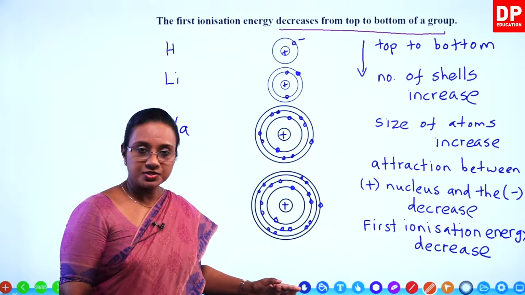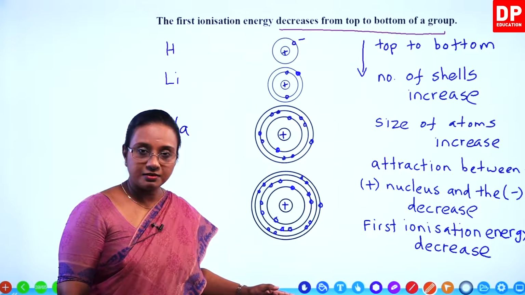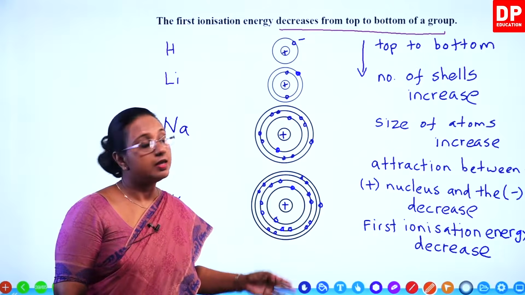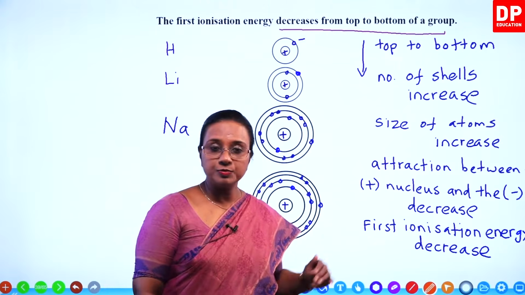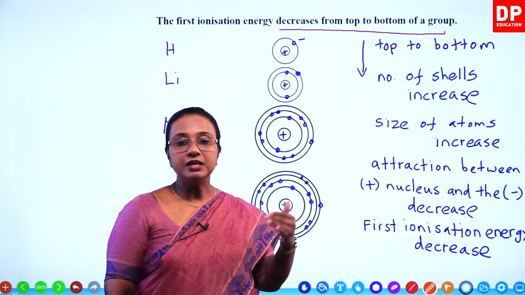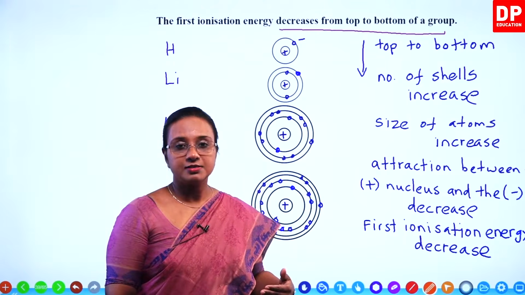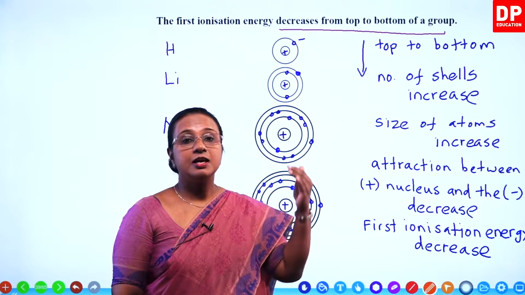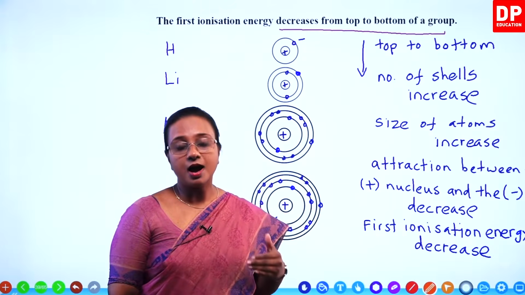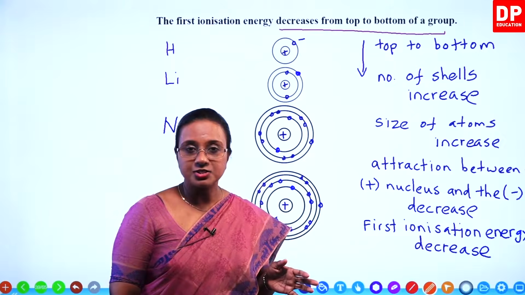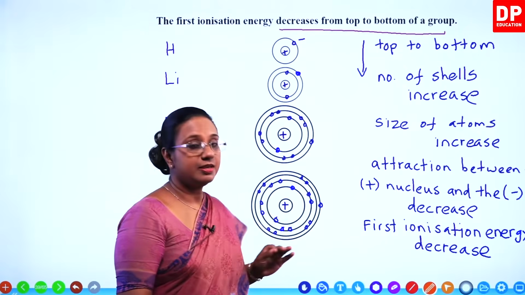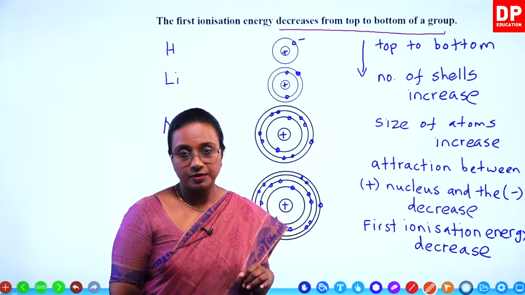First ionization energy decreases down the group. Same way, you take group 7, fluorine, chlorine, the first ionization energy decreases. Group 8, helium, neon, argon, the first ionization energy will decrease down the group.